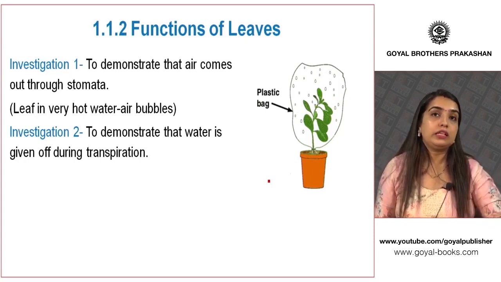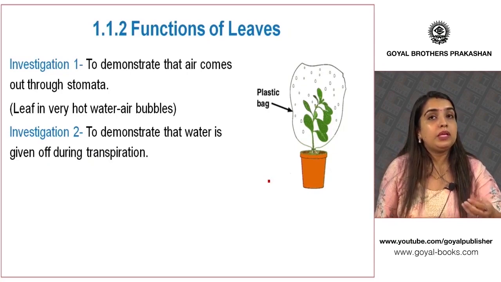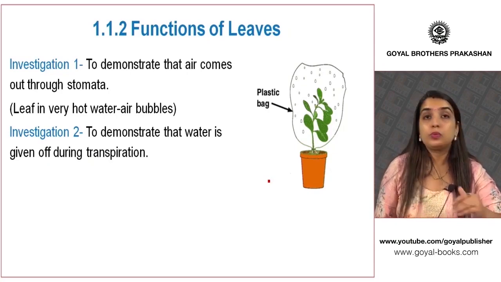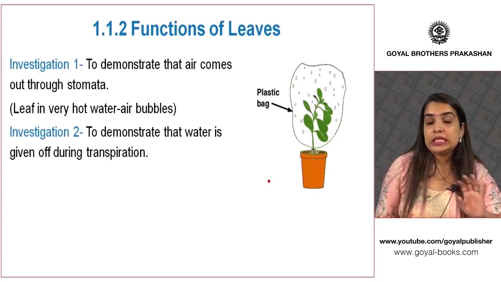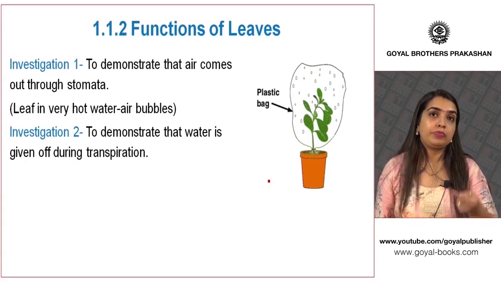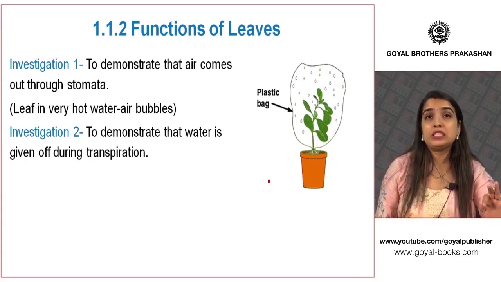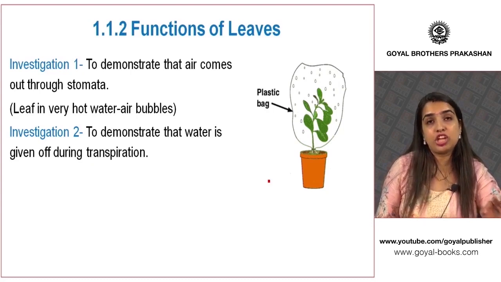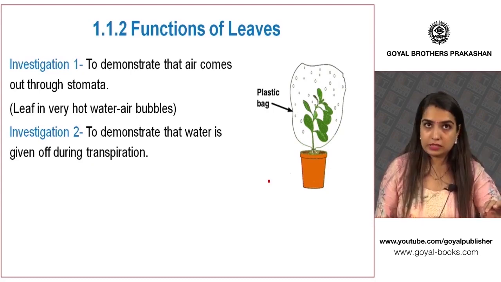You would notice that the moment you dip the leaf in boiling water, there will be tiny air bubbles which will come out, indicating that stomatal opening takes place and that through that opening air comes out. So that is first investigation wherein we have checked that air comes out through stomata.